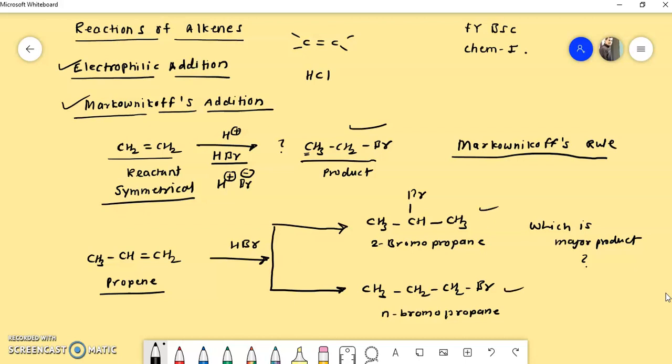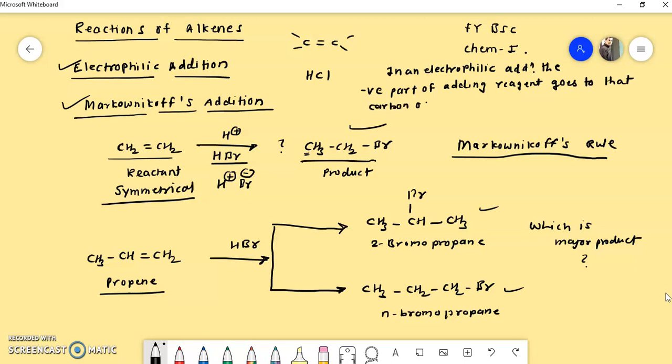According to this rule, in an electrophilic addition, the negative part of the adding reagent goes to that carbon of the reactant which is having fewer hydrogen atoms. So you can see this is like the Saytzeff rule.